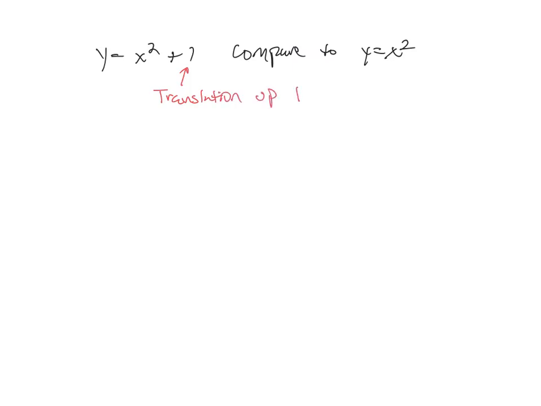So we had this graph, and again, it's going to say compare to y equals x squared. So what's different is that 1 at the end, and all it did was move the graph up. So this is what's called a translation, and we're just going to say it's a translation up 1.